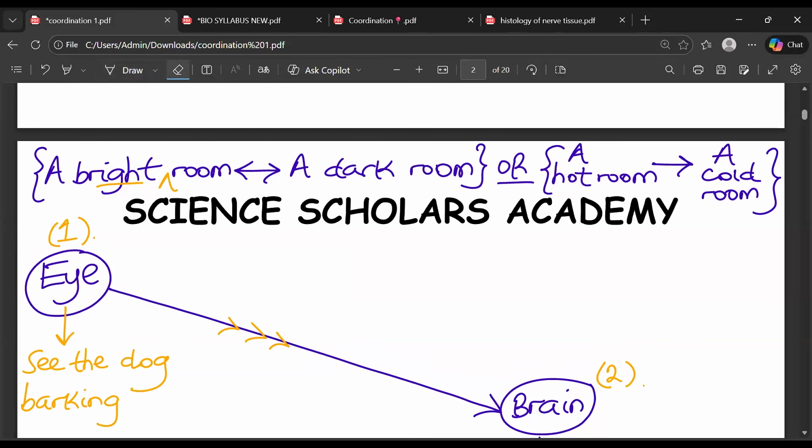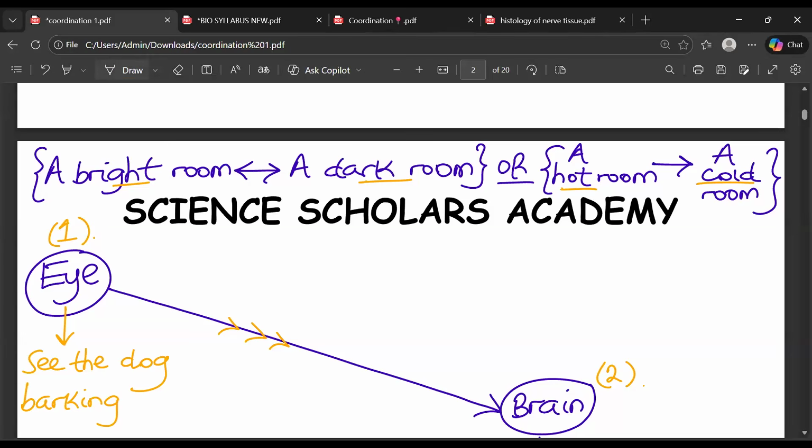So we realize you're moving from a room that is brightly lit to one that is dimly lit. Then you're moving from a hot room to a cold room. So what we are realizing here, there is a change in our external environment. When you enter into a room, the room is now your external environment. As simple as that.